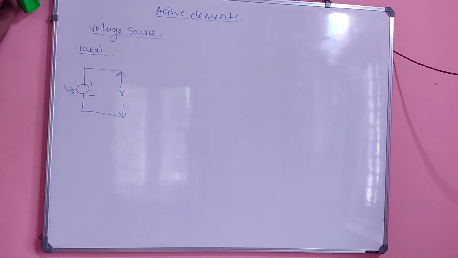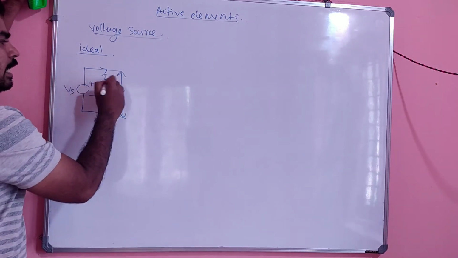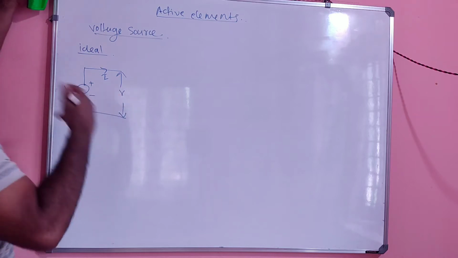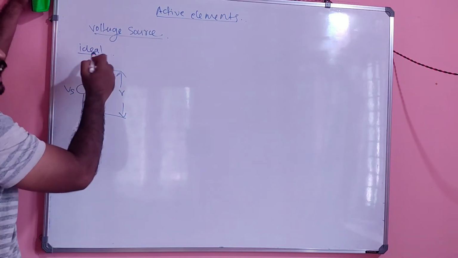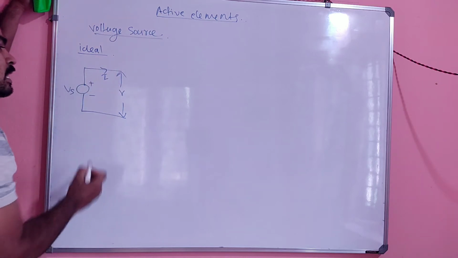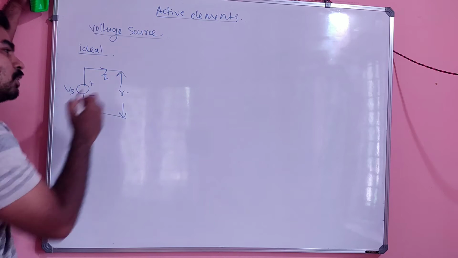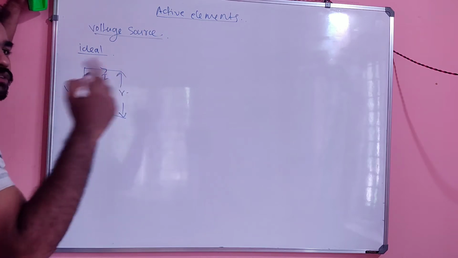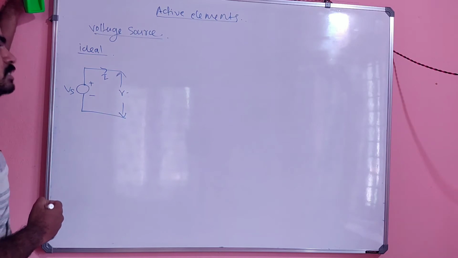It provides a voltage of V irrespective of the load. It is very important that it is irrespective of the load. Ideal means a source providing a constant voltage V across its terminal irrespective of the load. That is called the ideal voltage source.